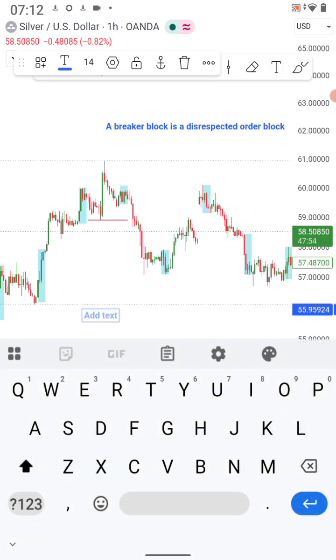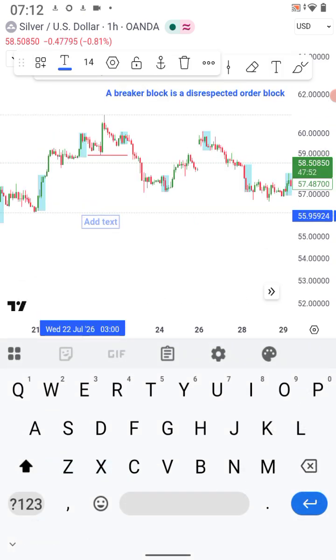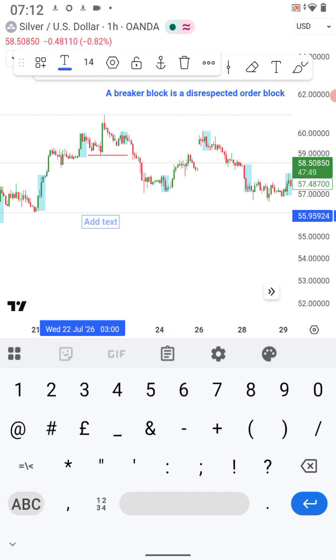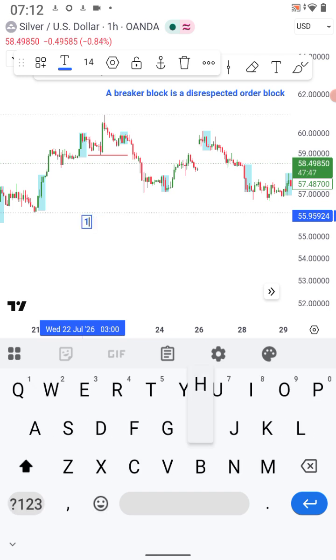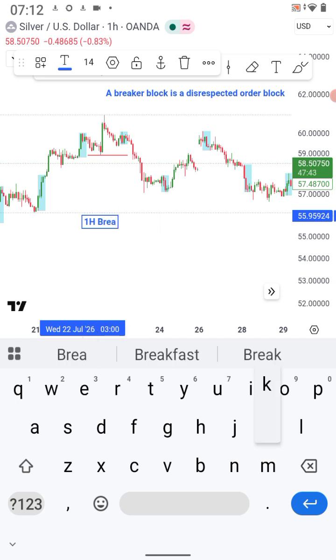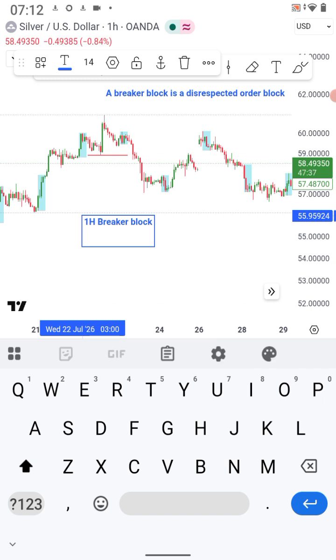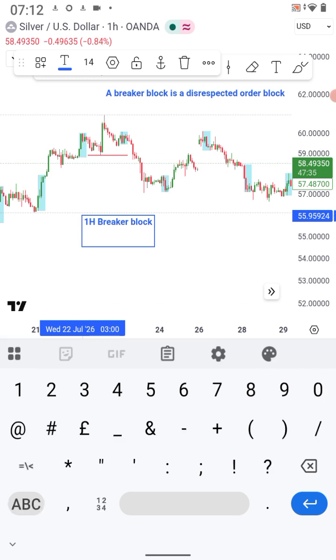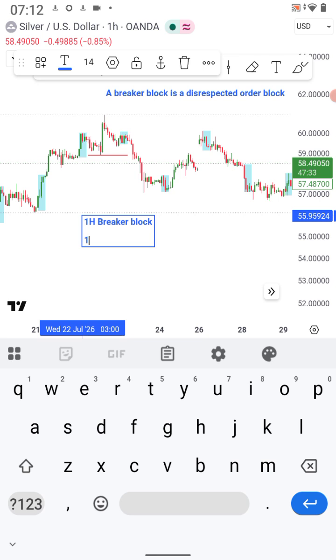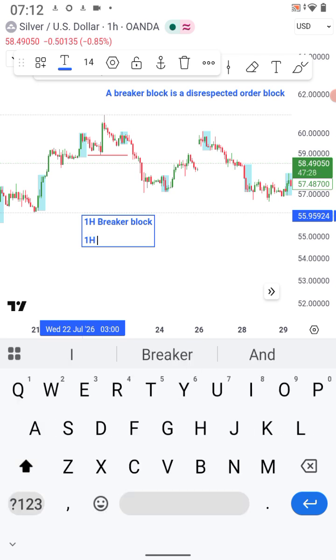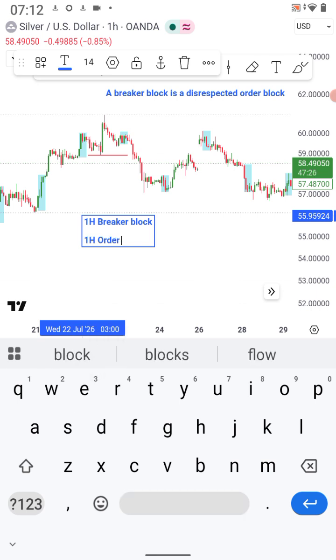I want to see 1 hour breaker block. Number 2, I want to see 1 hour order block.